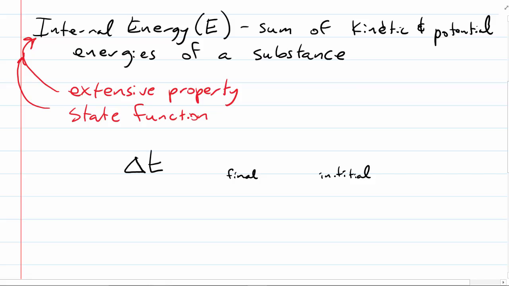And so we're going to look at the change in internal energy, which of course is going to be the final internal energy minus the initial internal energy, to see what happens. So again, whenever you see a delta, this always means to take the final state minus the initial state.